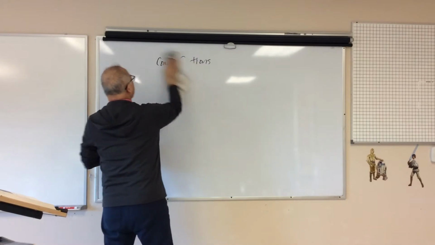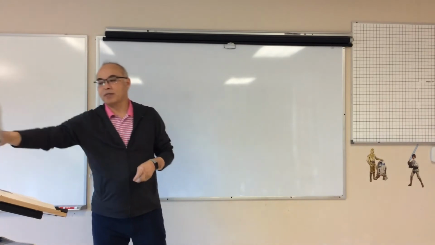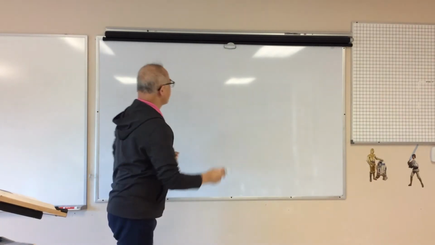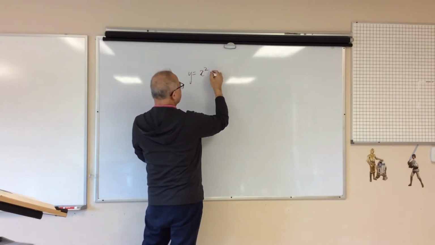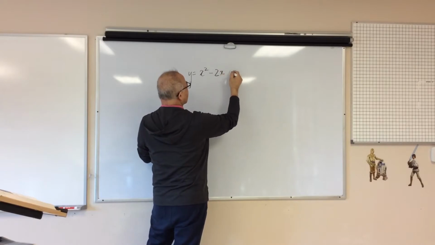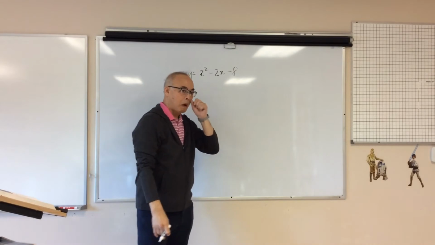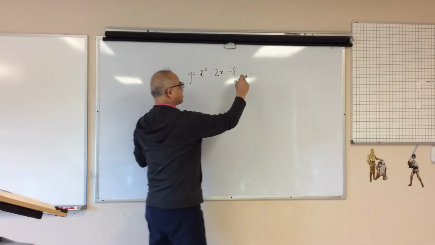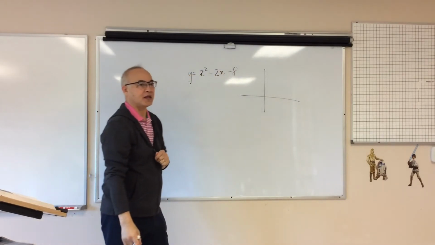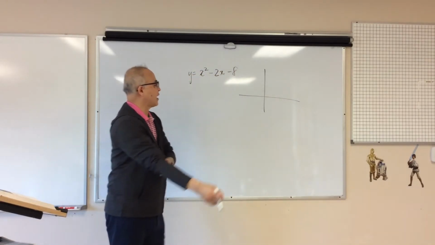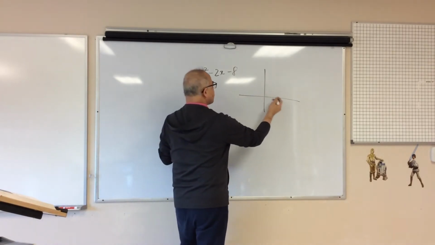So let's talk about parabolas. You guys all know about parabolas. You've done them before. If I were to ask you to graph y is equal to x squared minus 2x minus 8, this is a parabola. So how would we graph this? First of all, I need to find the roots, or the x-intercepts, the solution.